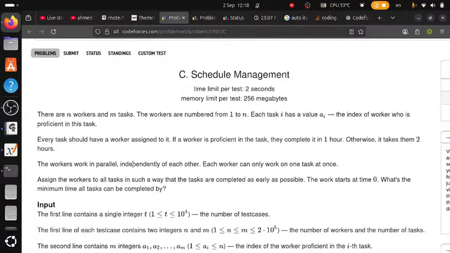Hmm. Second line m contains integers, right? So a1 till am. Okay, okay.